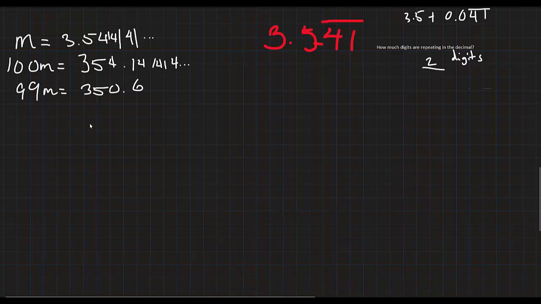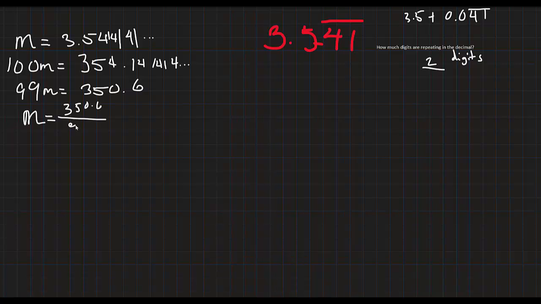Anyway, now we have this. We solve for m. M is equal to, we divide by 99 on both sides, 350.6 over 99, which is also equal to, we don't really like decimals, so we can multiply by 10 on both sides, which is 3,506 over 990.